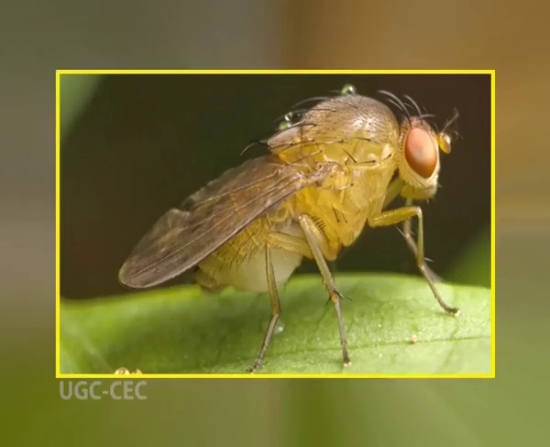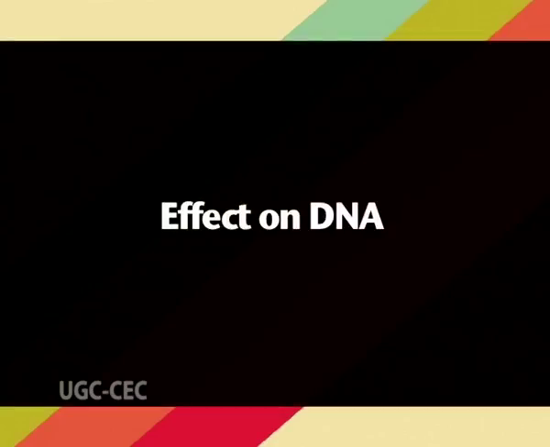The genetic effects of radiation were first demonstrated in fruit flies in the 1920s. It is generally believed that mutation rates depend linearly on dose and that there is no threshold below which mutation rates would not be increased. Third, effect on DNA.